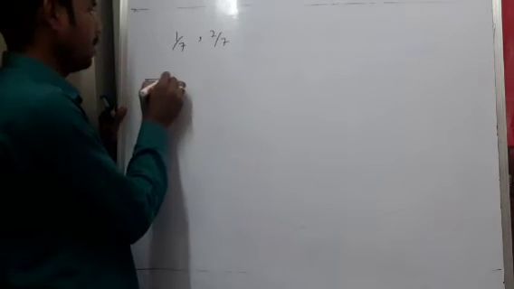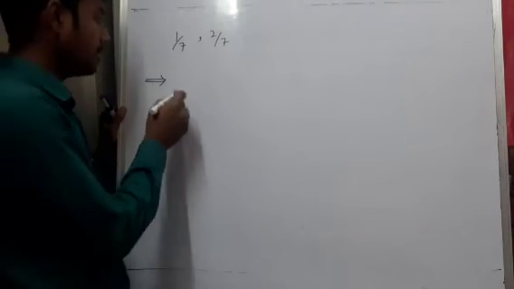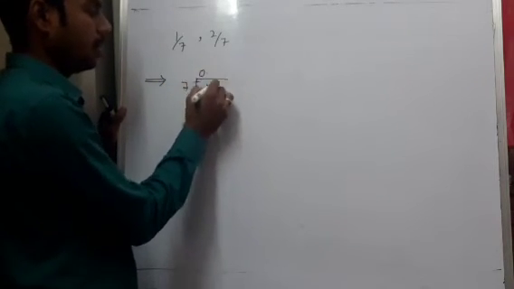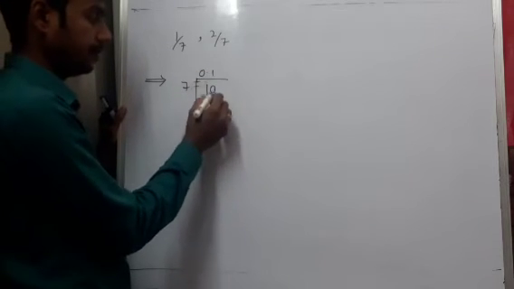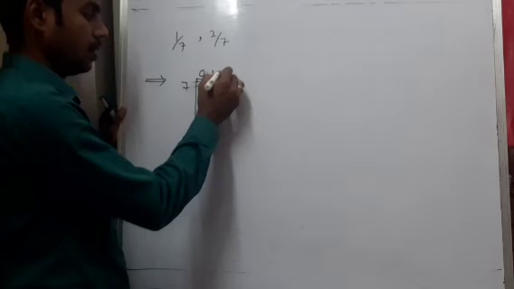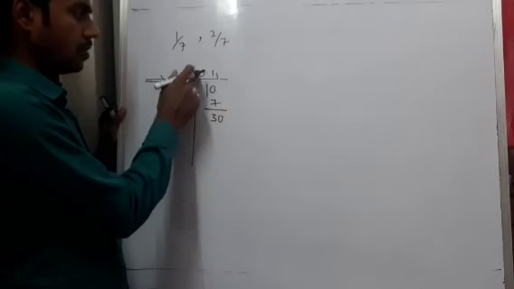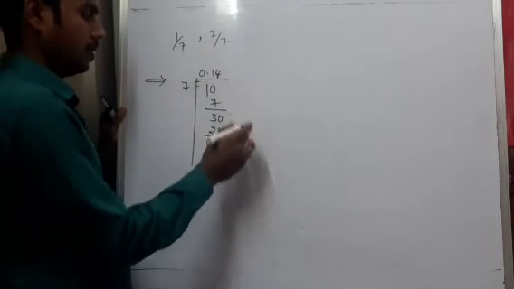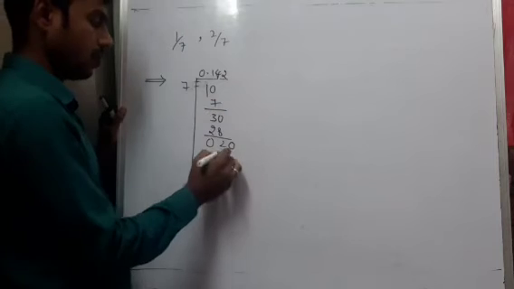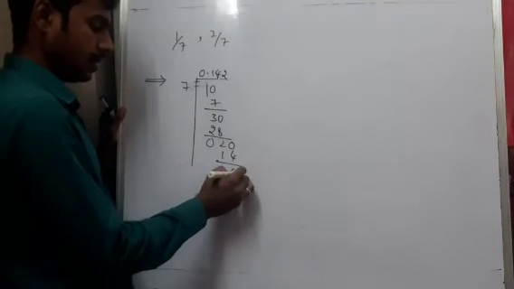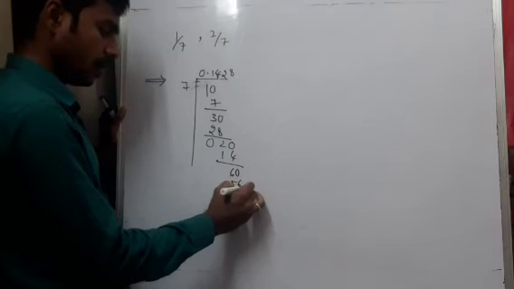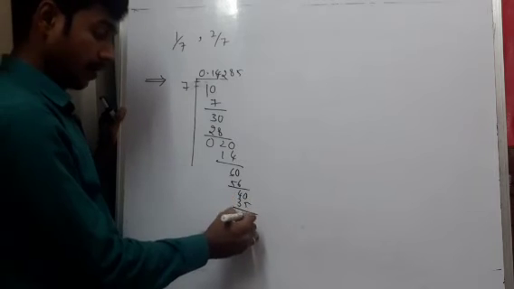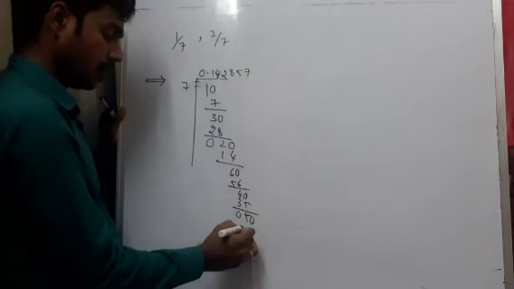See, 1 by 7, what is its decimal expansion? 7 into 1.10: 7 1 is 7, we get 3, 30. 7 4 is 28, 2, 20. 7 2 is 14, we get 6, 60. 7 8 is 56, we get 4, 40. 7 5 is 35, 5, 50. 7 7 is 49.